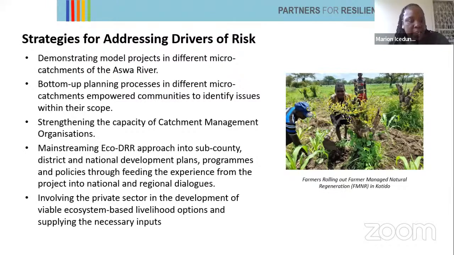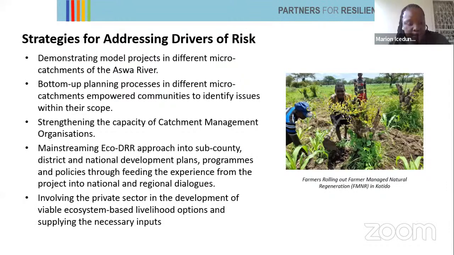And most importantly, to punch more weight on our impact, we mainstreamed the experiences of the project into local government plans and budgeting processes, so that through these dialogues, our communities that were empowered in the bottom-up planning processes were able to share experiences and issues and propose solutions in those forums, so that they can be addressed even beyond the life of the project.